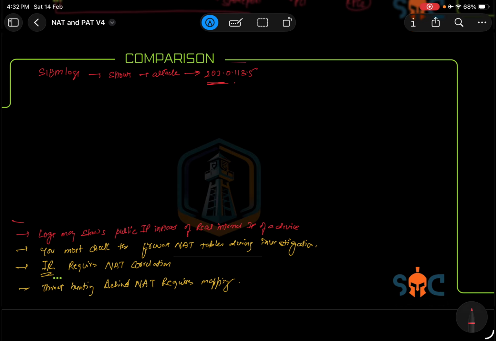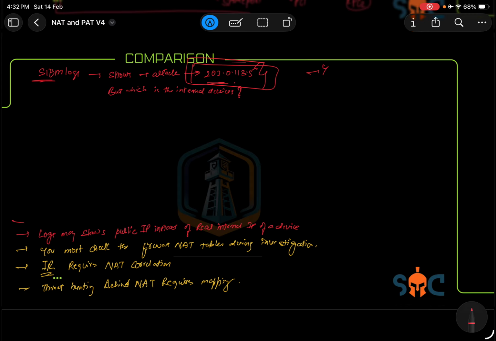Remember, this is a public IP. But which is the internal device? We are not sure. Why? Because the SIEM log has not shown the private IP address of any of the devices. It is reflecting a public IP.